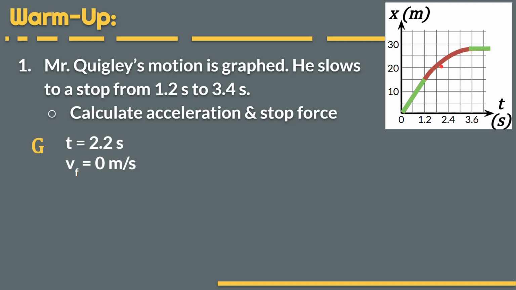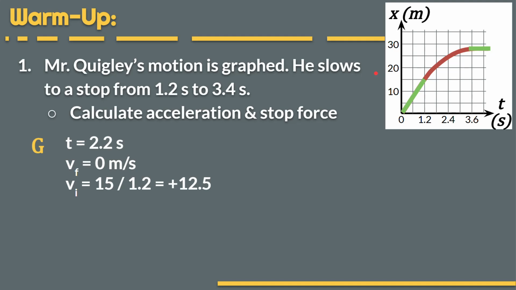The only other thing that I can see right off the bat is that I know he has an initial velocity. And I can find the slope of this green line segment in my graph in order to figure out what his initial velocity is. Because on an xt graph, your slope is velocity, and he starts out with this straight line slope, this green line. The slope starts at 0, 0, which is helpful, and it goes up to the intersection of these two grid lines here, 1.2 for the x and 15 for the y.